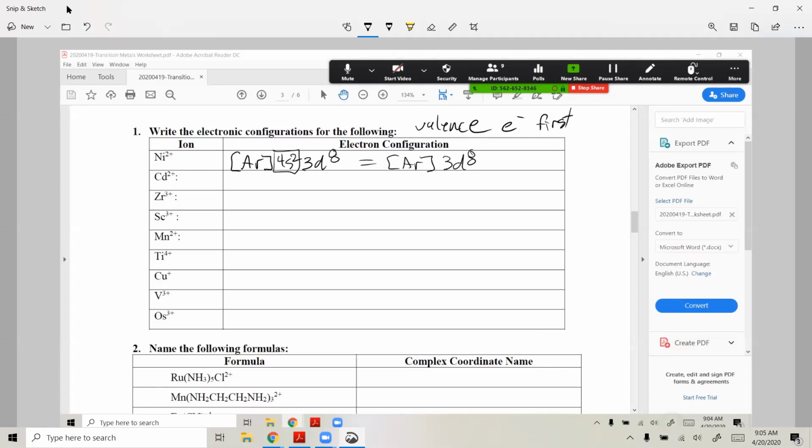Now I'm going to give you a moment. I want you to go through and do cadmium and zirconium as well. And let me see if I can clear up on my side what we're doing here. So I want you to go through and do your electron configurations for cadmium and zirconium.